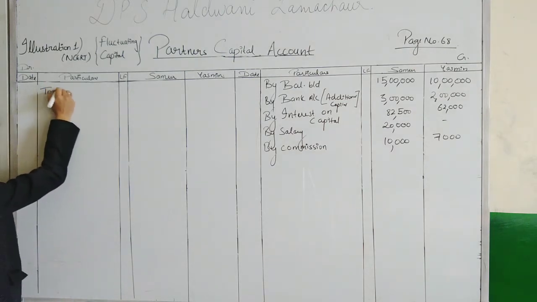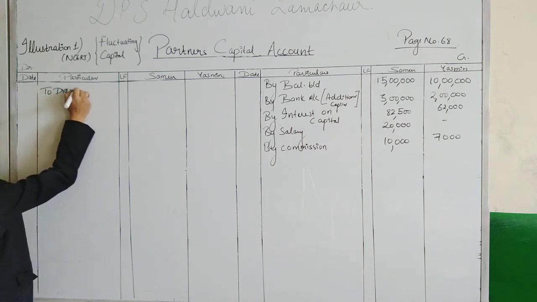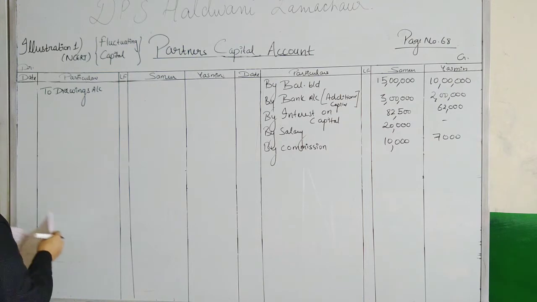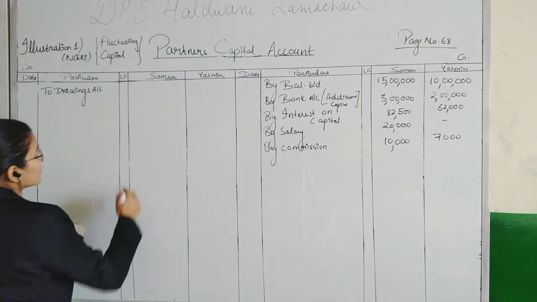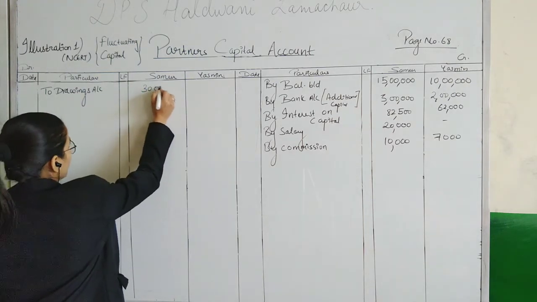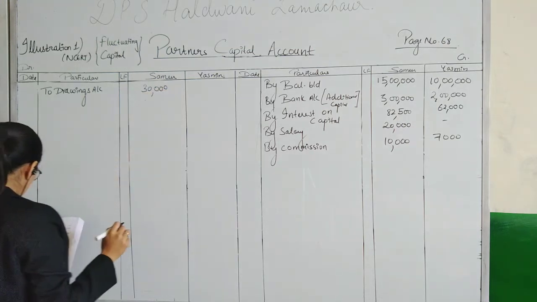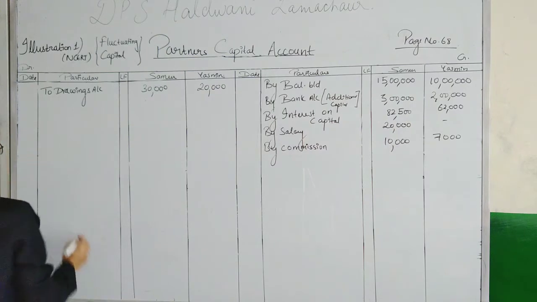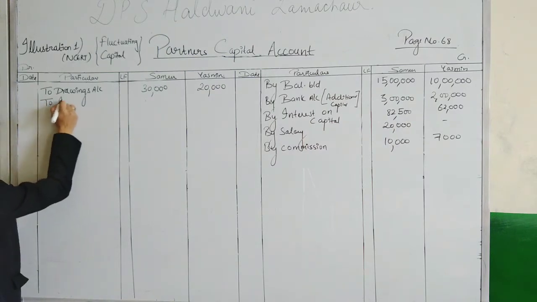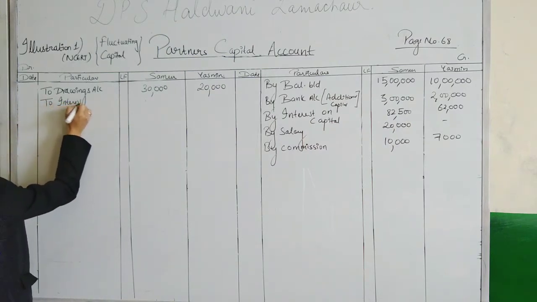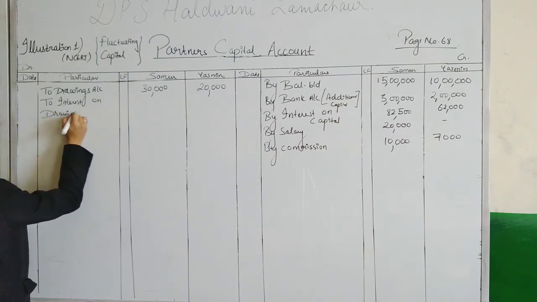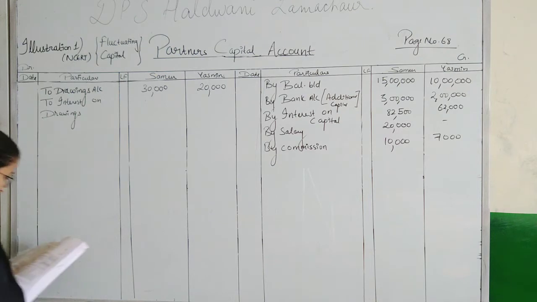Now here on debit side, we will record all the expenses of the firm. First will be to drawings account. The amount of drawings of Sameer is rupees 30,000 and Yasmin is 20,000. Next will be interest on drawings charged on both the partners.